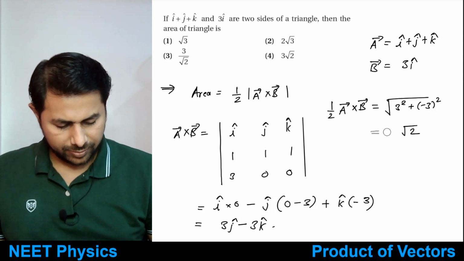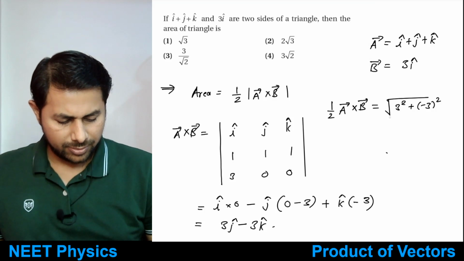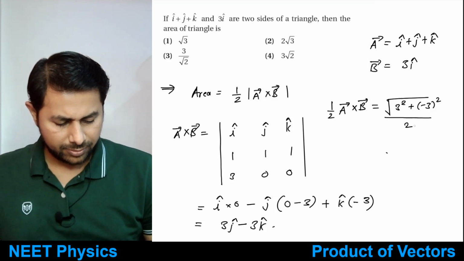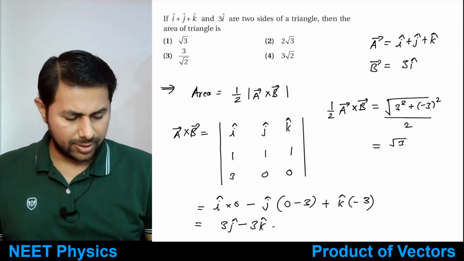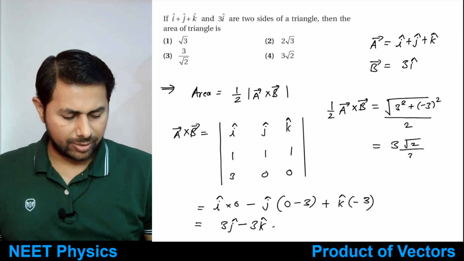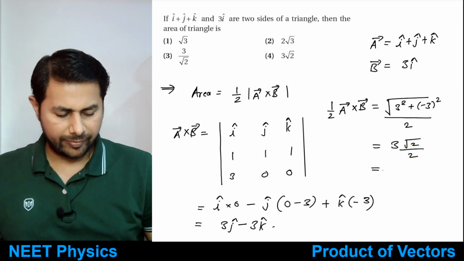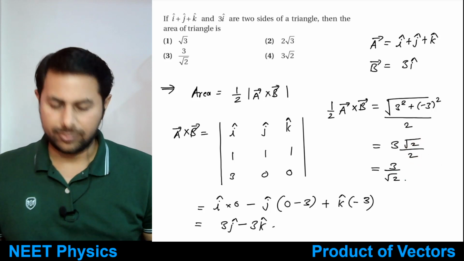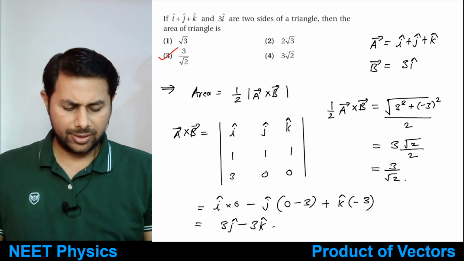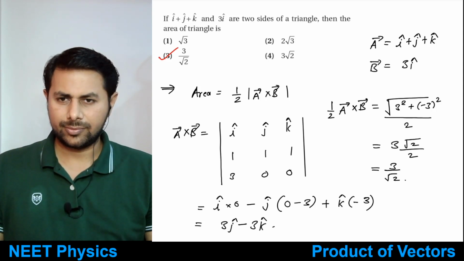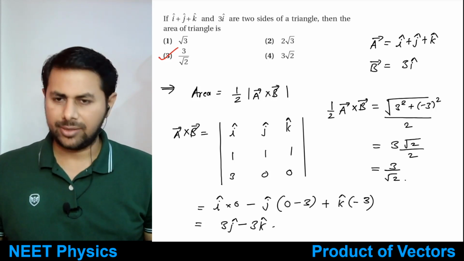This thing divided by 2: this was 3 root 2, so 3 root 2 divided by 2, the 2 by root 2 is root 2 in the denominator. So the answer is option 3. It's 3 by root 2, right? Okay, this thing is clear, everyone? All right, good. That's very simple.